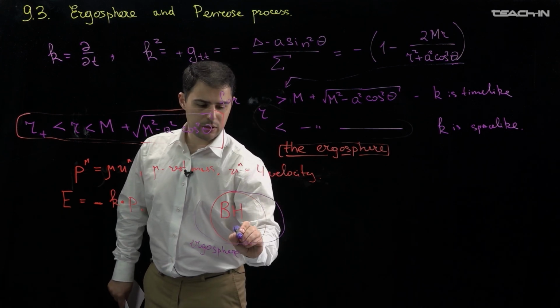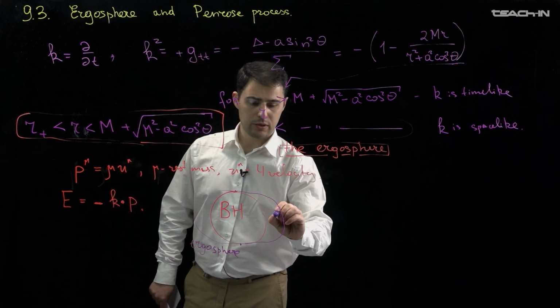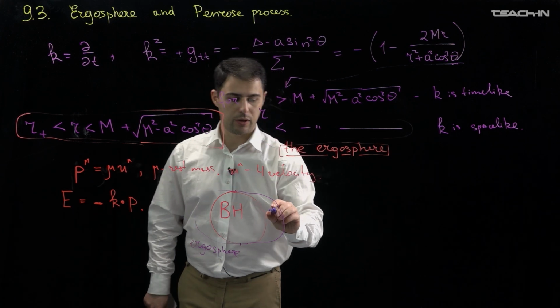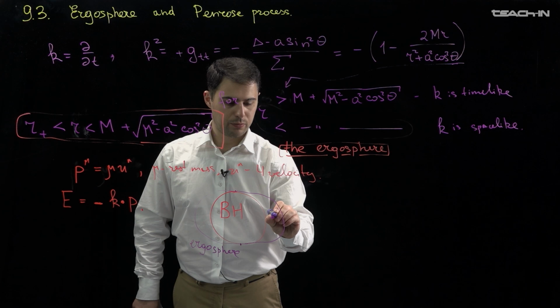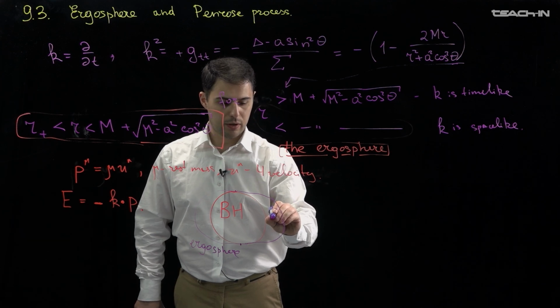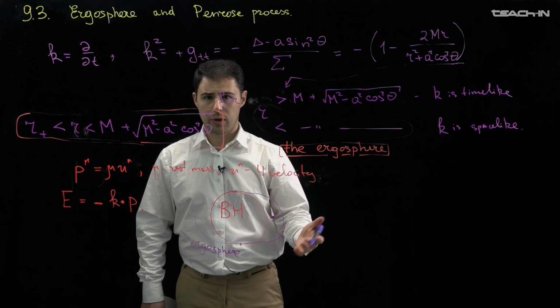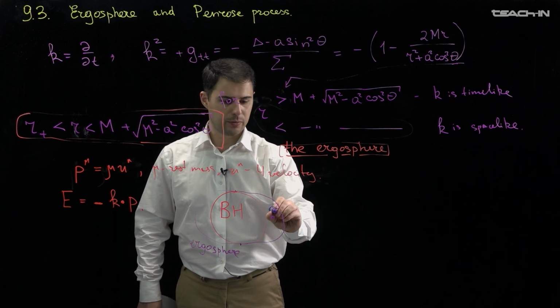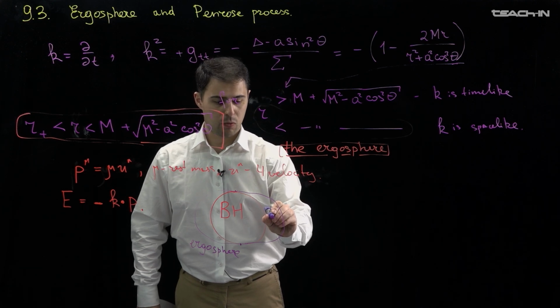Notice that it touches the black hole at the poles. So let us consider the process within the ergosphere. The external observer on a rocket, we jet some waste in the direction of the black hole.